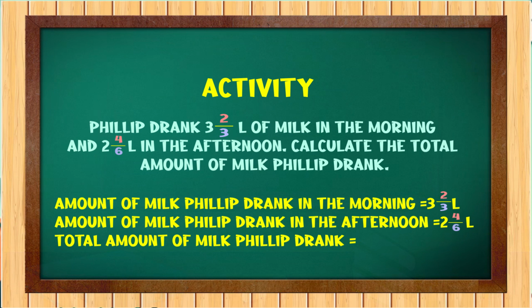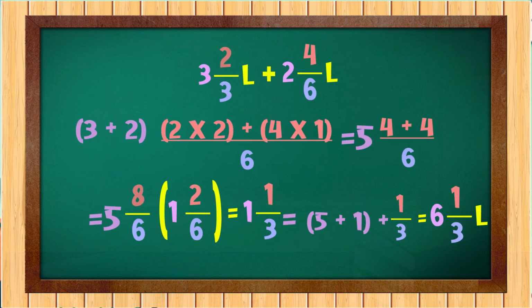So let's add. The first thing we do, we add our whole numbers. We bracket it off, 3 plus 2. Our denominators are not the same, so we have to find an LCM. And the LCM of 3 and 6 is 6. We then divide our LCM by our denominators. 3 into 6, 2.